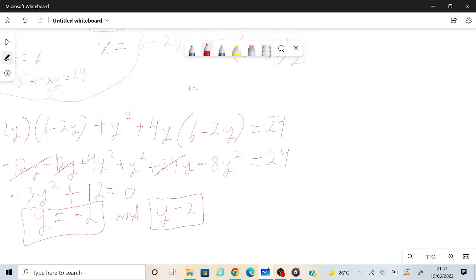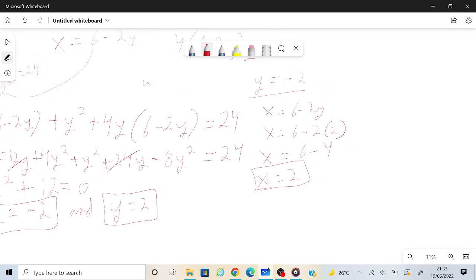Let's say when y is minus 2, we put it back into our original x equation, which was x is equal to 6 minus 2y. So x is 6 minus 2 into 2. x is 6 minus 4. x is 2. Oh sorry guys, accidentally substituted 2 into the minus 2.